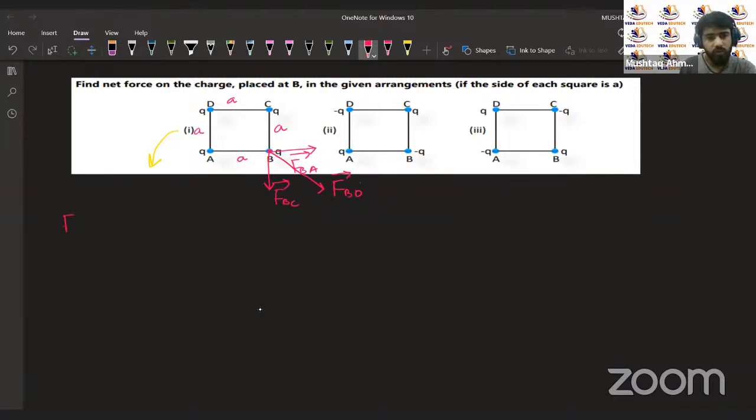That means the total force acting on the charge placed at B, that's the net force, will be the vector sum of all the three forces. That will be FBC vector plus FBA vector plus FBD vector.